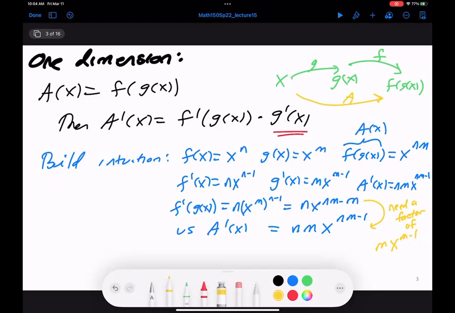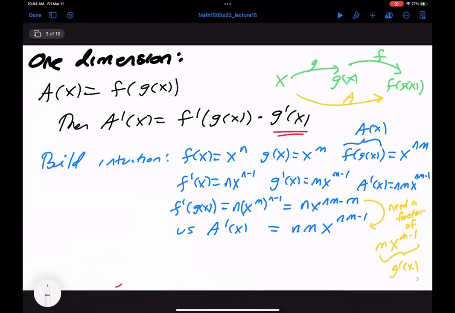But what is m x to the m minus 1? G prime of x. So this suggests that maybe a prime of x might be f prime of g of x times g prime of x.